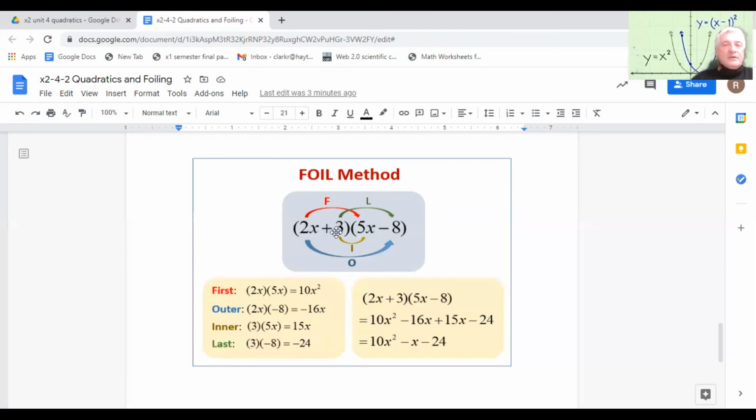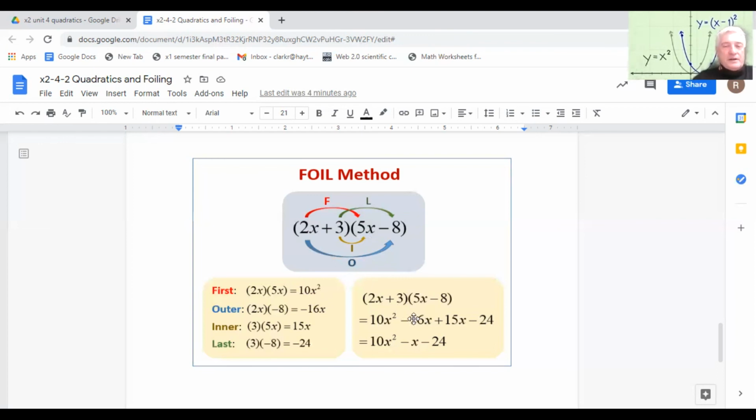Last, 3 times minus 8, it's not 24. It's negative 24. And if you don't think there's a difference, you figure it out. Do you want me to hand you 24, or do you owe me 24? I'm pretty sure there's a difference. And no, you're not getting $24 out of me, so don't ask.